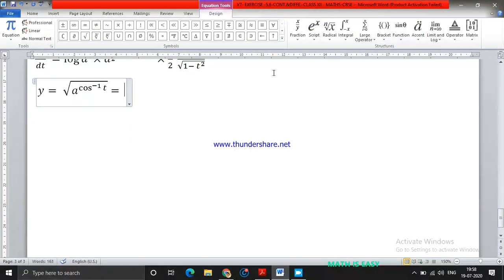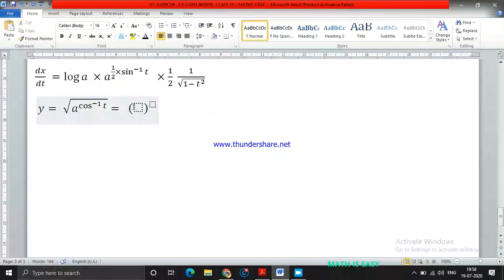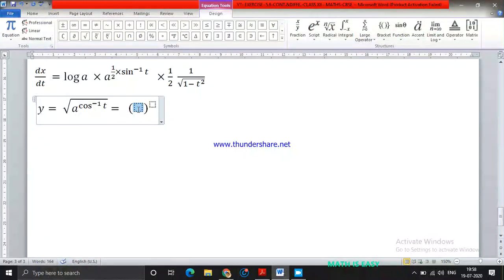So this you can write as exponential whole to the power of 1 by 2. That is a to the power, again one more exponential term, and let me put this here, and to the power 1 by 2.